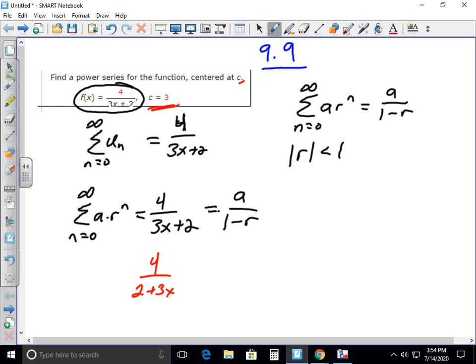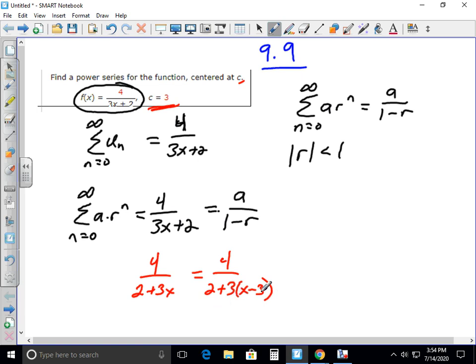If it is centered at 3, then from x we have to subtract 3, like so. Notice I put the x in parentheses with the minus 3 so that 3 is subtracted directly from x, not from the product of 3 times x. So this makes our center located here.